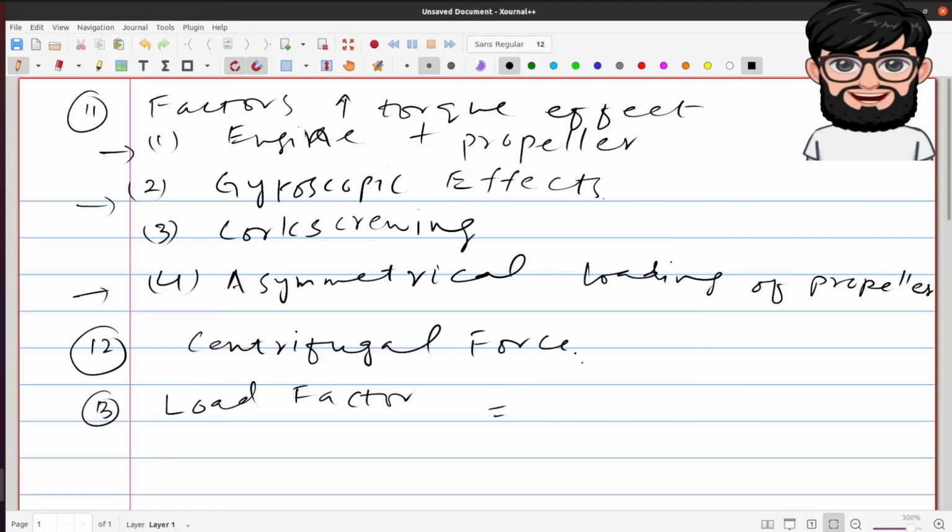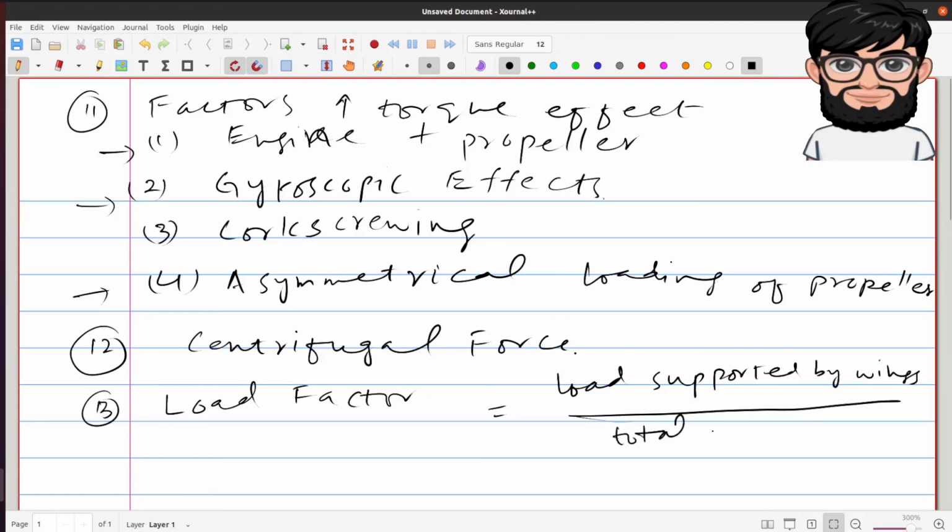So it's the ratio of the load supported by the wings divided by the total weight of the plane.